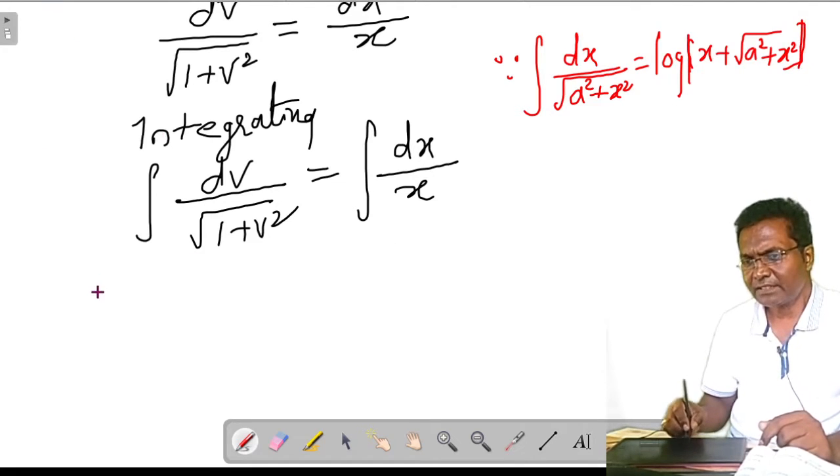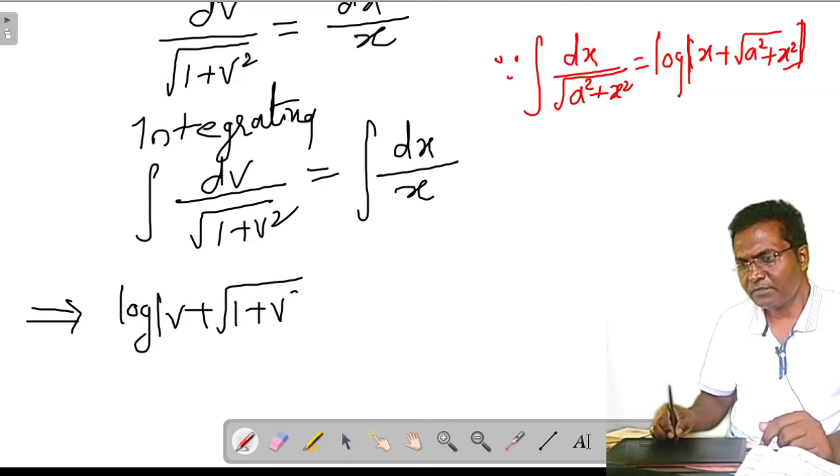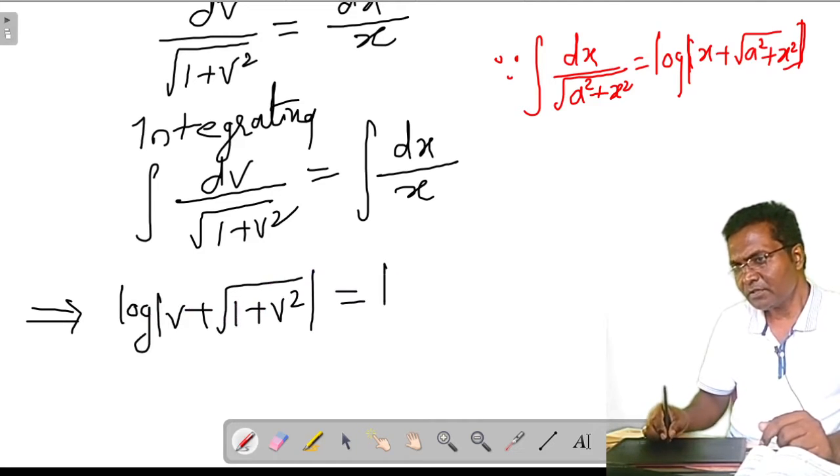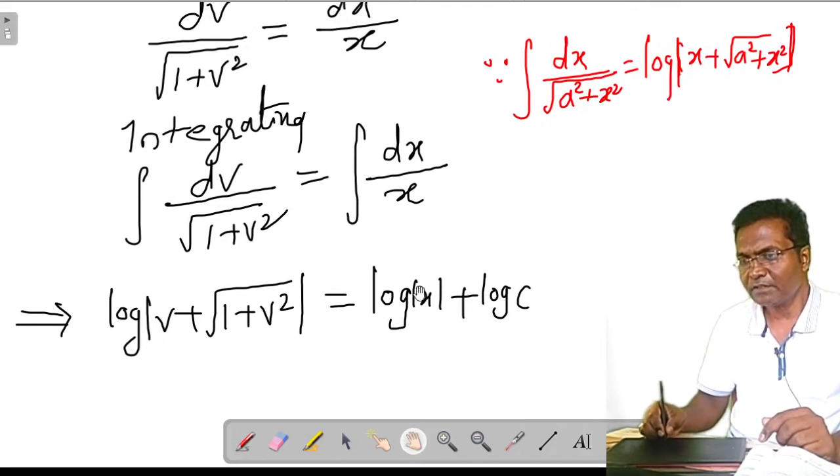So using that, it becomes log of v plus square root of 1 plus v squared is equal to integration of dx by x, which is log x. Plus, if all the terms are in terms of log, keep the constant also in terms of log.